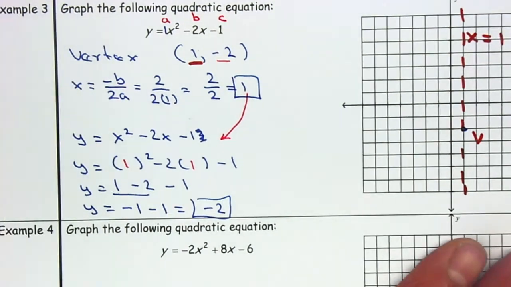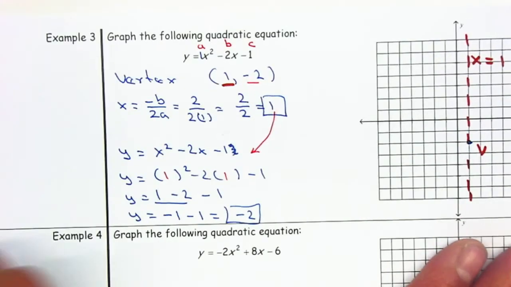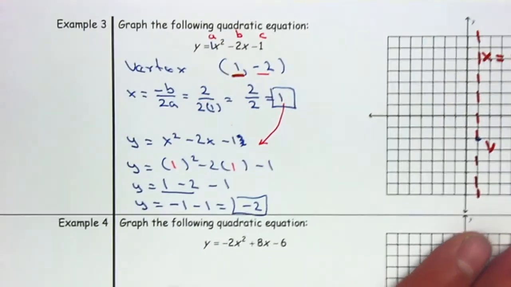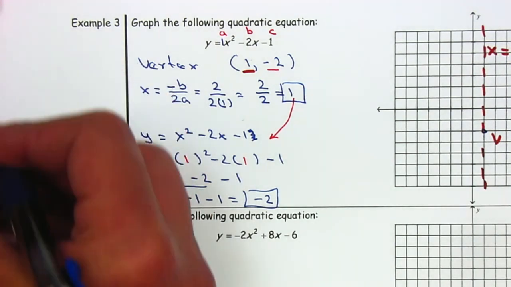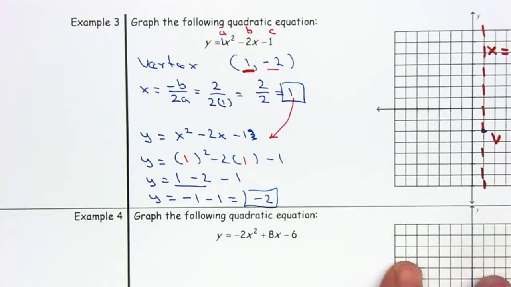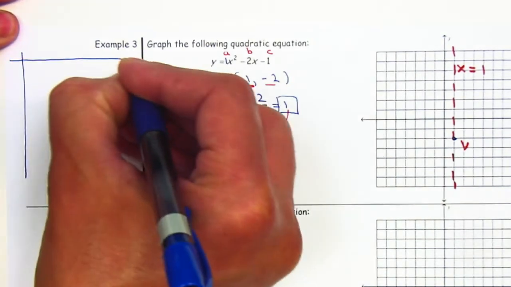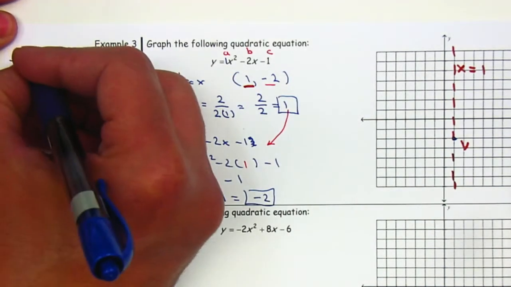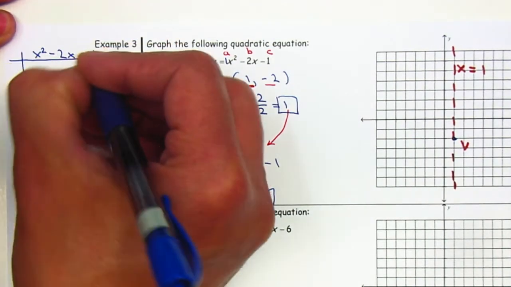Now, I'm going to build a table on the left-hand side. Same thing that we did before. I'm going to plug in different values of x. And that'll give me different points. So my equation is x squared minus 2x minus 1.